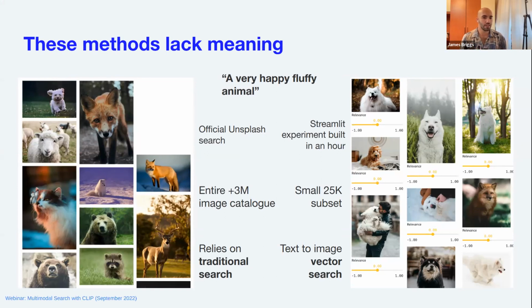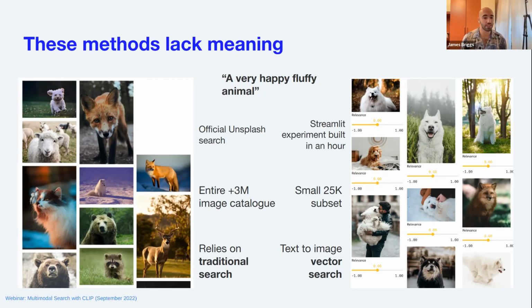And immediately you can see that the meaning behind that query has been captured much more accurately. All of these pictures show a fluffy animal and they all look very happy. This is interesting because this is also a smaller subset of data, so you would think that there's less relevant data in there to be retrieved.